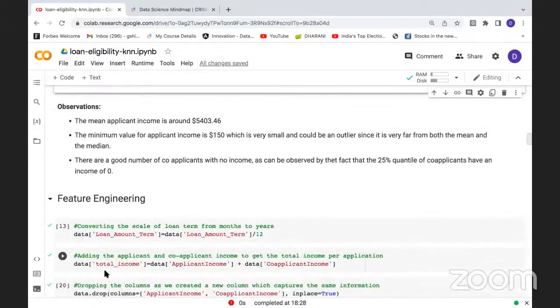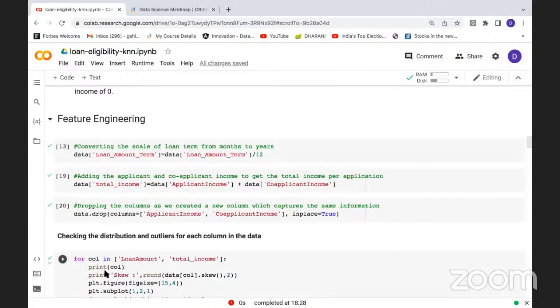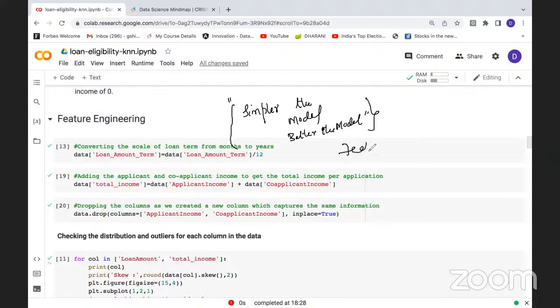Now comes the point where we have to do some kind of feature engineering. According to the principle of parsimony, Occam's razor, the simpler your model is, the better it is. So you should do some feature engineering to reduce the number of columns.